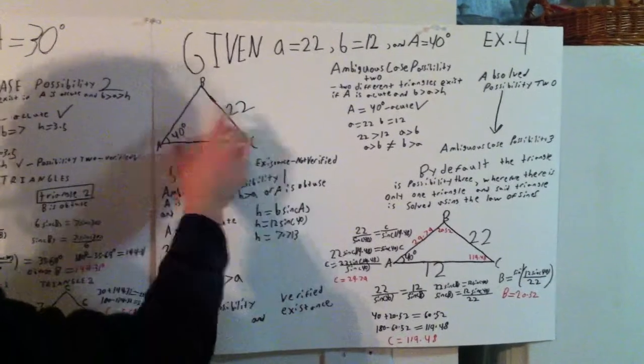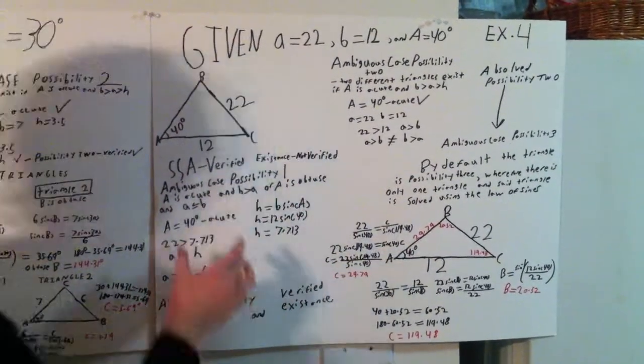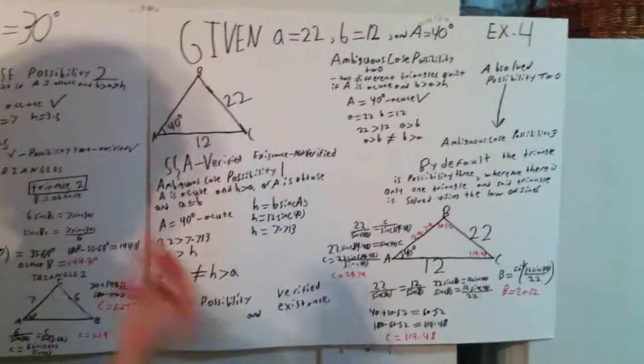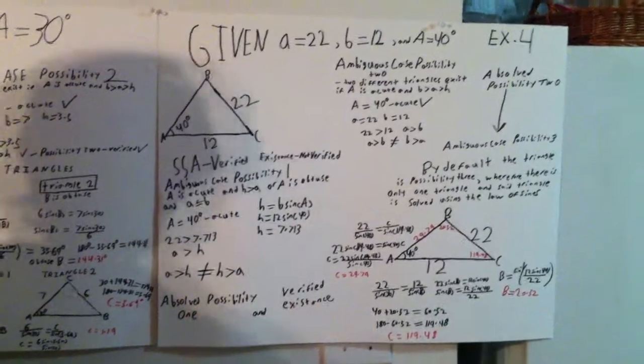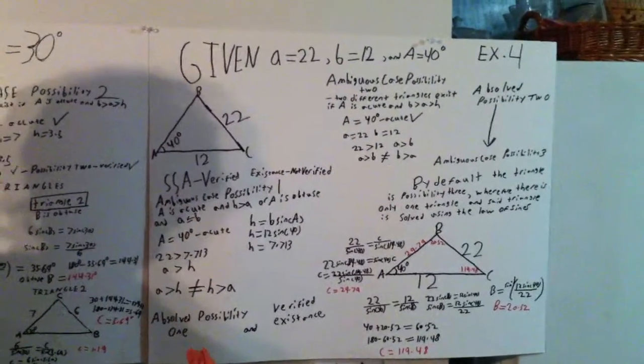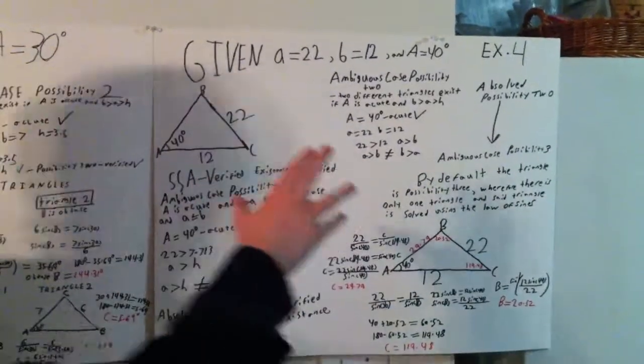We found that the height of the figure equates to 7.713, and that the side of A is 22. 22 is greater than 7.713, i.e. A is greater than H, and as a consequence, we have absolved possibility 1.